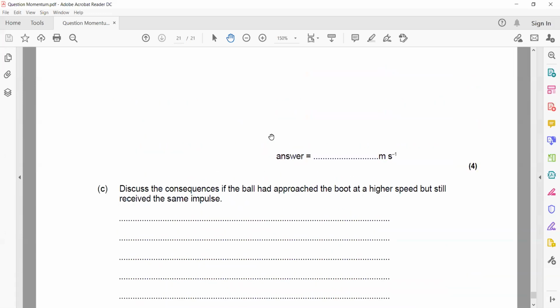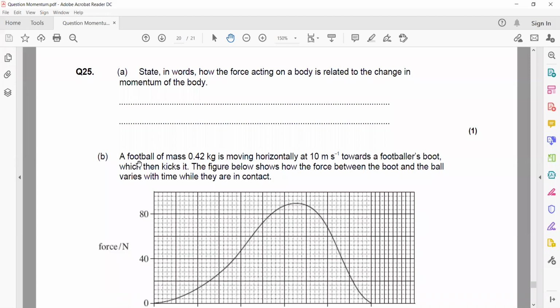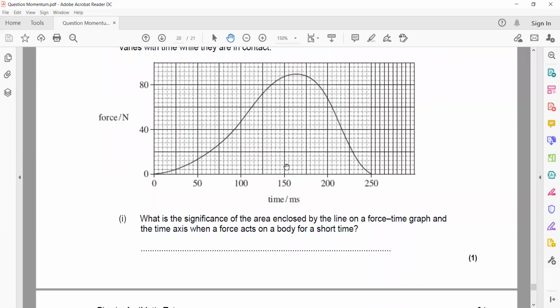In the question, a football of mass 0.42 kilogram is moving horizontally at 10 meters per second toward a footballer's boot, which then kicks it. The figure below shows how the force between the boot and the ball varies with time while they are in contact.